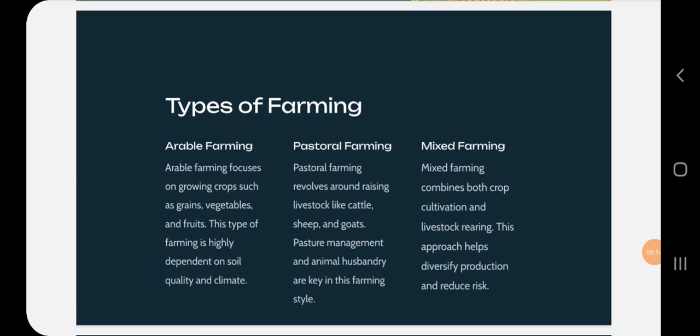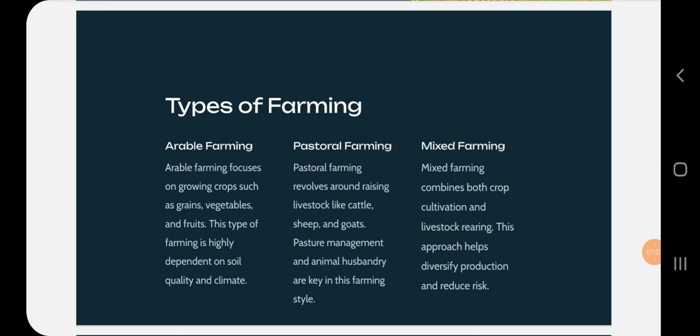Types of farming. So these are the three main types of farming: arable farming, pastoral farming, and mixed farming. Arable farming focuses on growing crops such as grains, vegetables, and fruits. This type of farming is highly dependent on soil quality and climate. Pastoral farming.